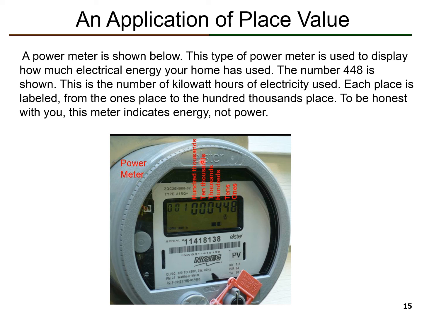You, as the reader of the meter, have to be able to do that. So because you now know about places and place worth, if we didn't have these labels written above these numbers, you could now read this as 448.